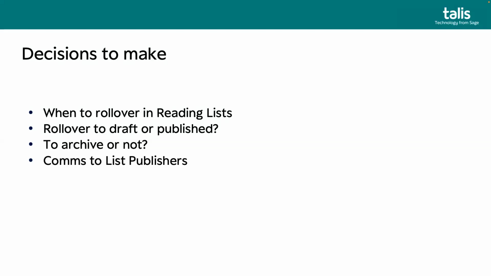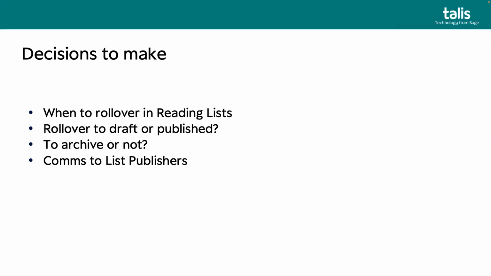You also have the choice of whether to roll your newly created lists over to draft or to published. And again, there are pros and cons for either approach. It's really about what you feel more comfortable with. There is an argument that rolling over to draft prompts your academics to do some work. So you've rolled the list over to draft.